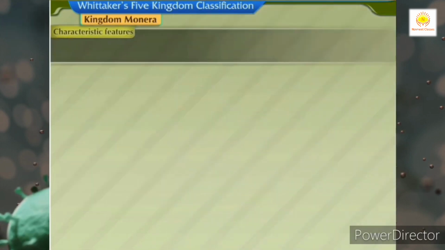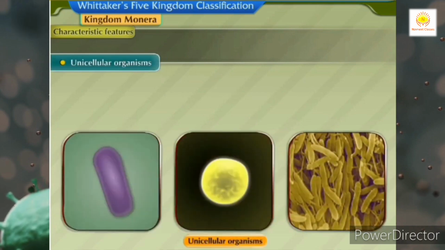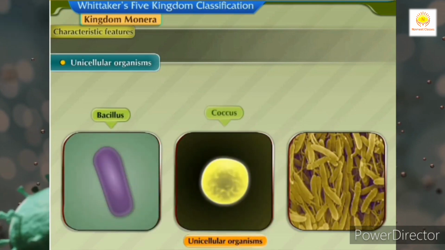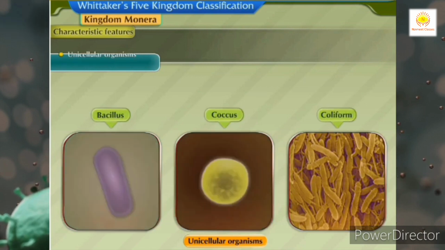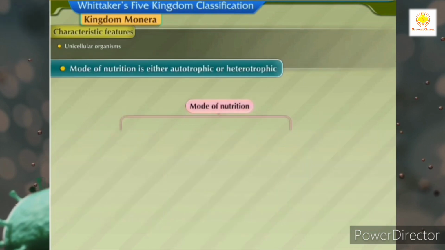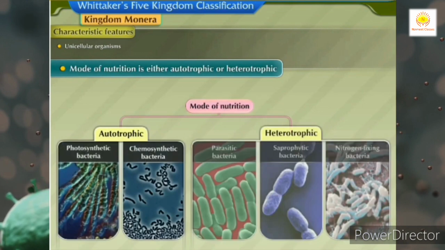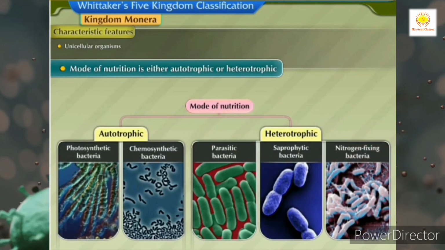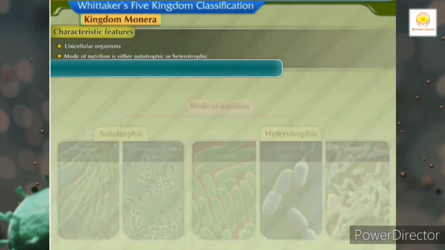Some of the characteristic features of this kingdom are: they are unicellular organisms, example, bacillus, coccus, coliform. Mode of nutrition is either autotrophic or heterotrophic. Example, photosynthetic bacteria, chemosynthetic bacteria, parasitic, saprophytic, and nitrogen-fixing bacteria.